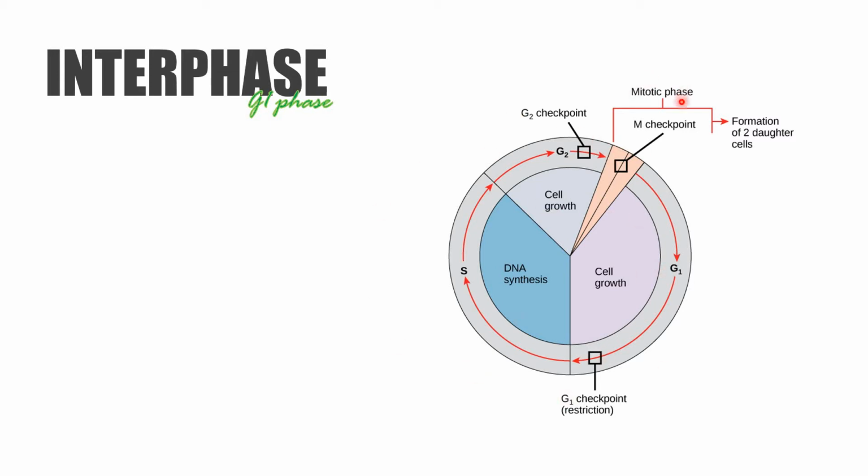Itong meiotic phase naman is the actual cell division phase. Diyan talaga nagde-divide yung cell. All of the processes that lead to the division of the cell are actually here in the entire cell cycle, but the actual division of the cell is in the mitotic or meiotic phase. Now, interphase is comprised of the following stages. The first one is the G1 phase, and that is what we'll be discussing here.